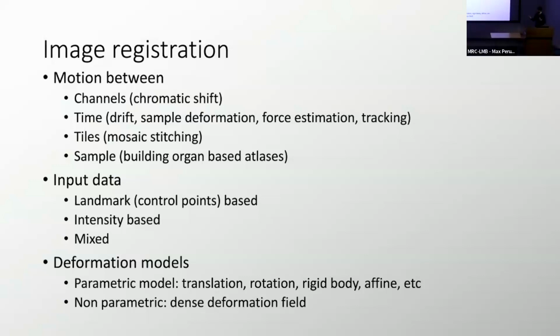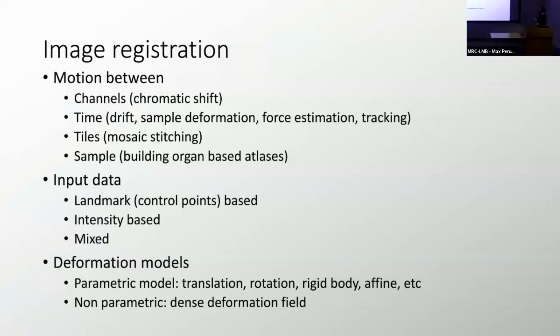So there are parametric models that can just be expressed as a function of the position in the image. Then you have non-parametric motion, a dense deformation field. For each point, you estimate a vector, which allows registering the two images. This is used, for example, for motion estimation, trying to follow fields in time.